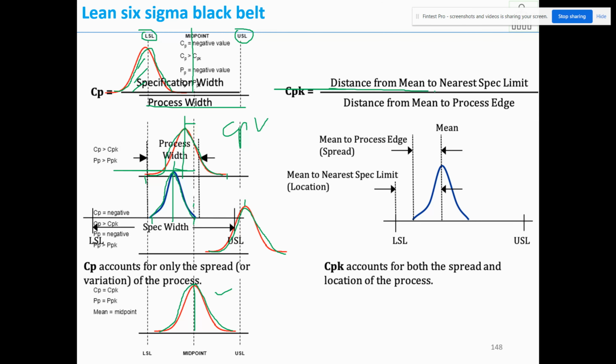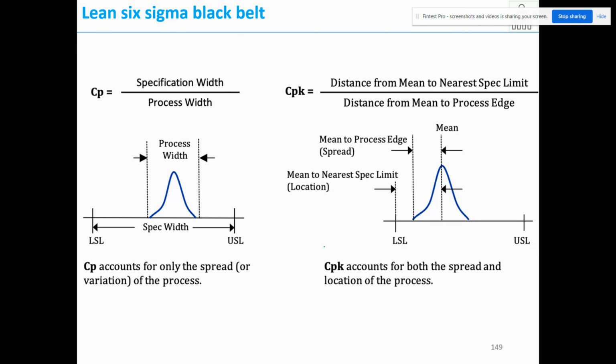CPK: distance from the mean to the nearest spec limit, distance from the mean to process edge. This is nothing but 3 sigma. This is nothing but your USL minus X bar in case 1 and X bar minus LSL in case 2. So the same thing is given here in the general formula.